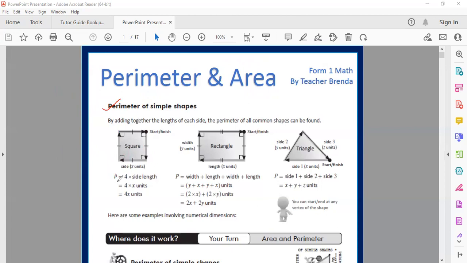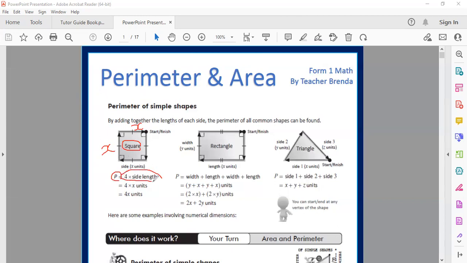Now, at this point, you are already in Form 1, people don't want to give you numbers, 5, 5, and all these things. The question will give you algebra. For example, x. X is the length of a square. Now, when people say square, you know the length and the width is the same. So this must also be x. So how do you find the perimeter? X plus x plus x plus x.